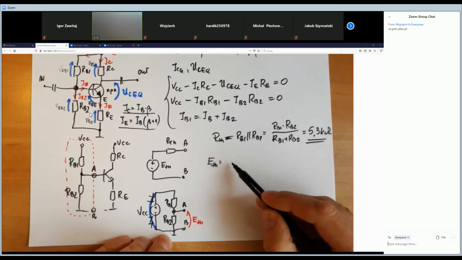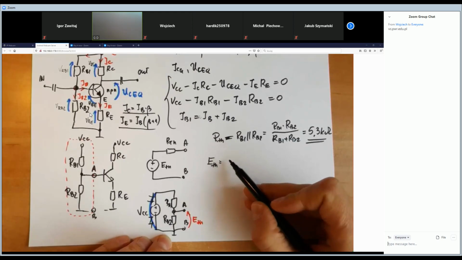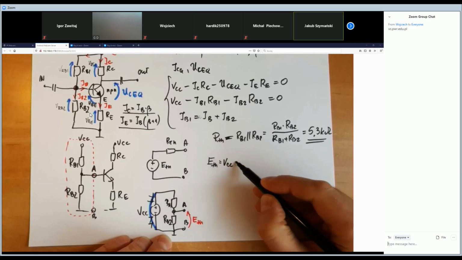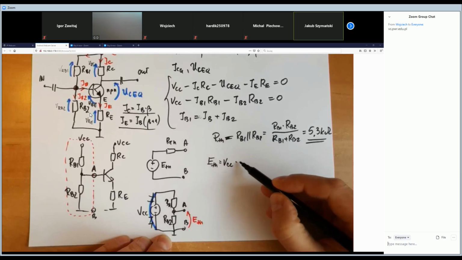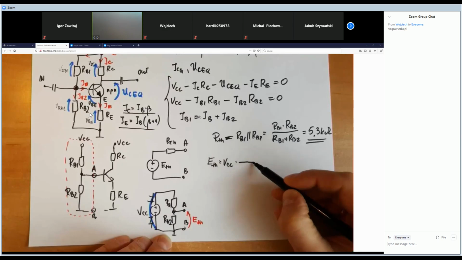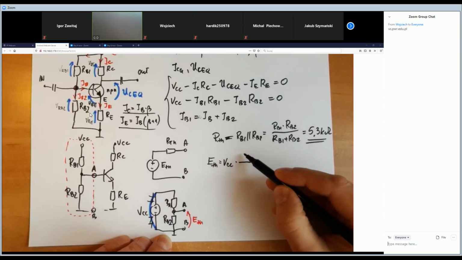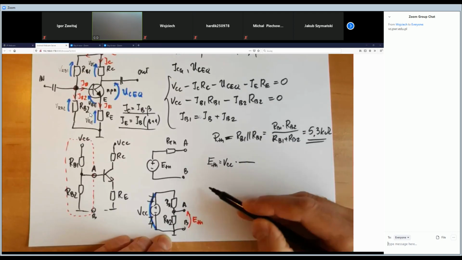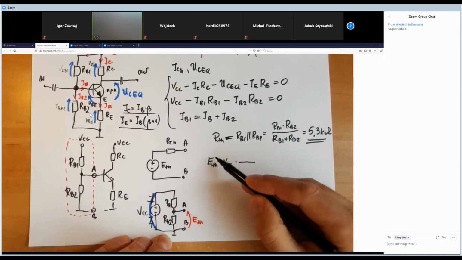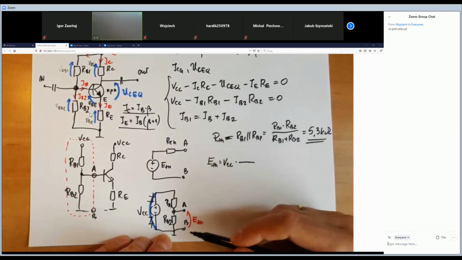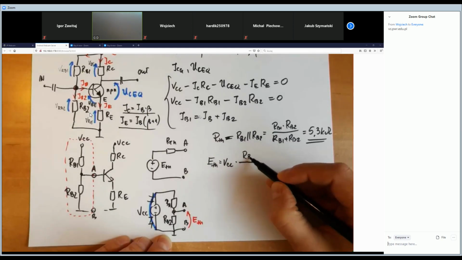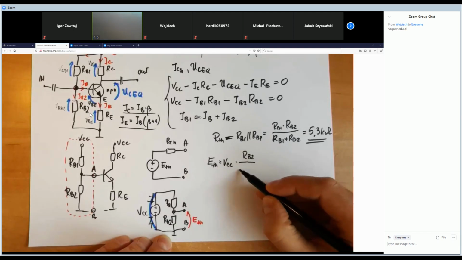ETH is equal to VCC times RB2. You have to remember, in the numerator we put the resistance across which we are observing the ETH, over the sum of the resistances in the voltage divider.